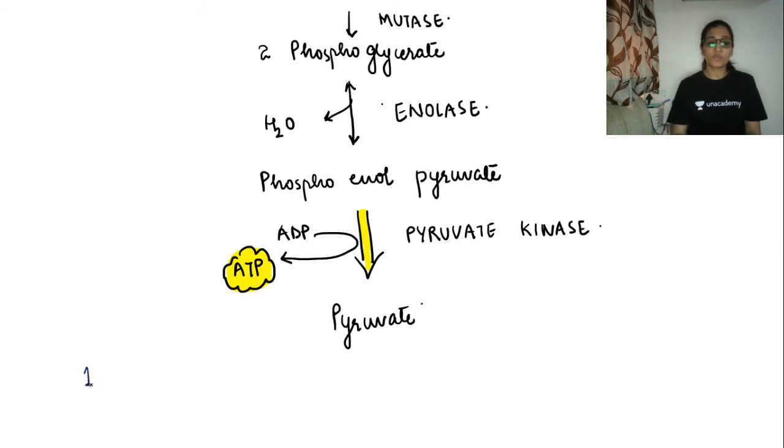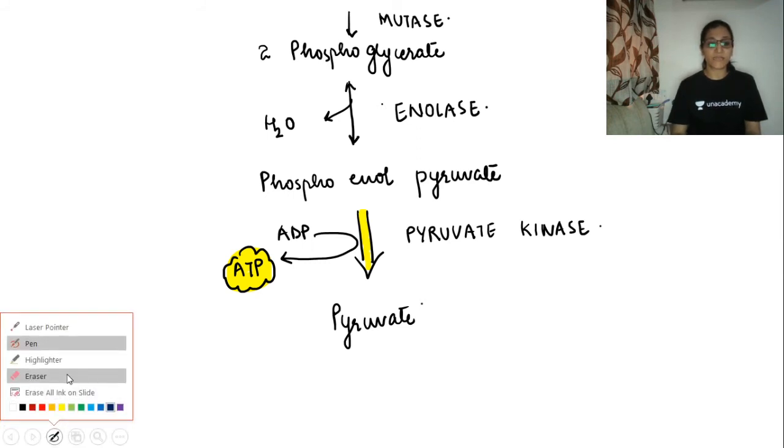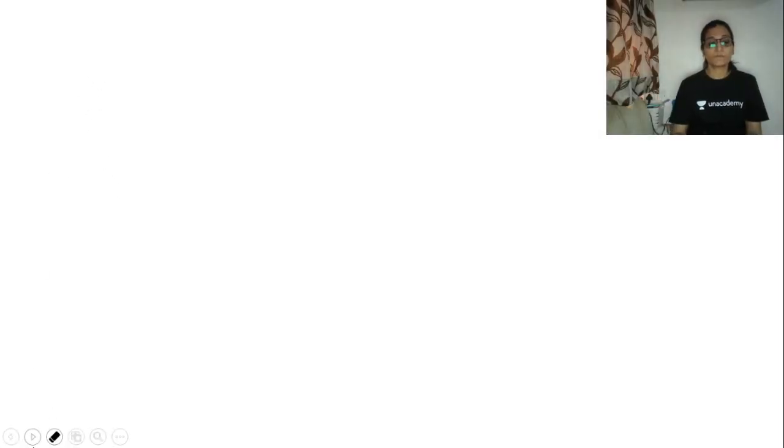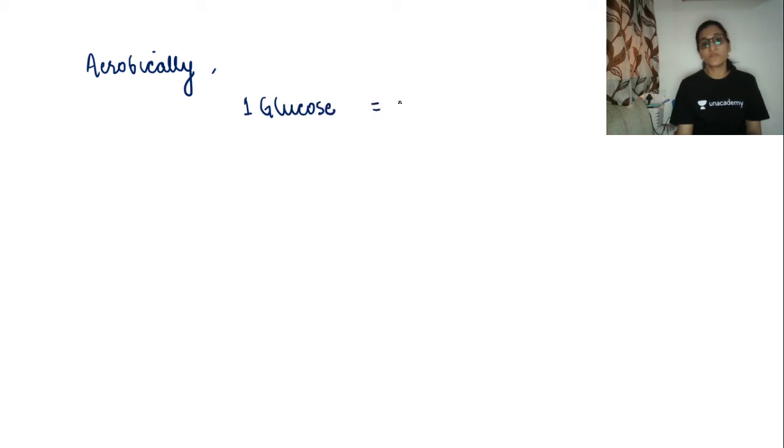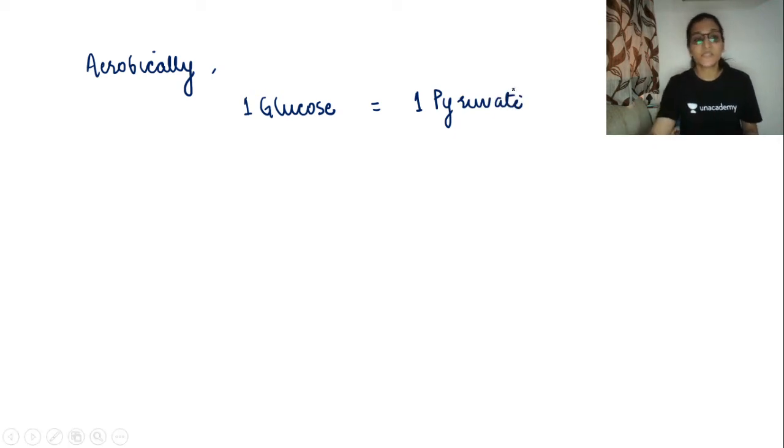So one molecule, okay, we'll take another slide. If glycolysis occurs aerobically, one glucose is going to give rise to two pyruvate. That was a slip of mine. Right, because it is the aerobic mode of respiration.